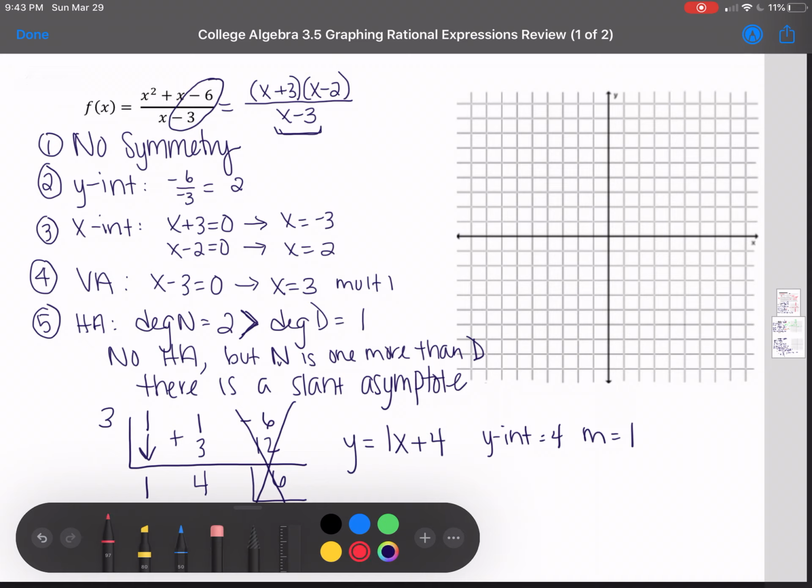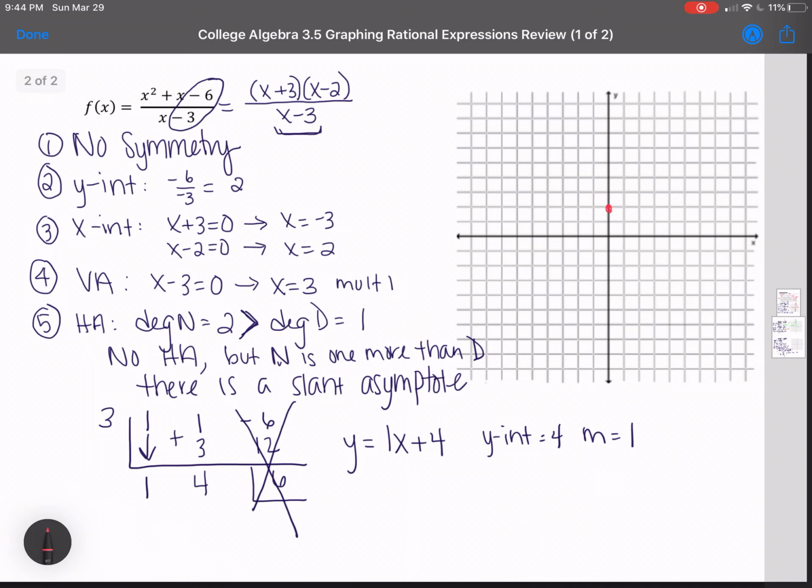All right, so if we want to graph this, we have our y-intercept of 2. We have an x-intercept of -3 and +2. We have a vertical asymptote at x equals 3.